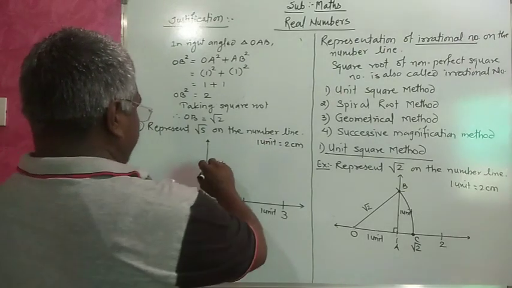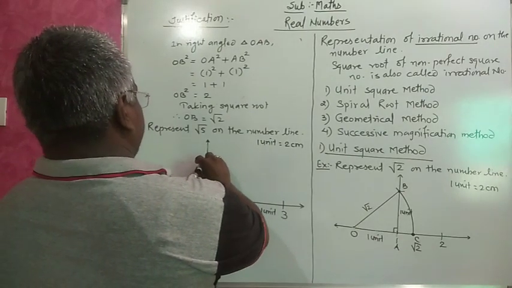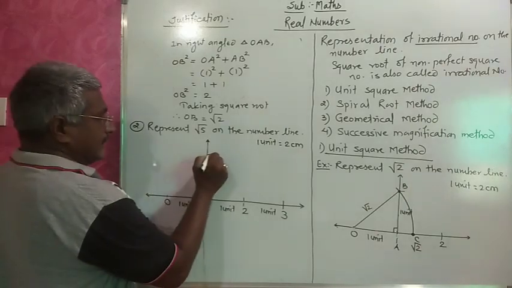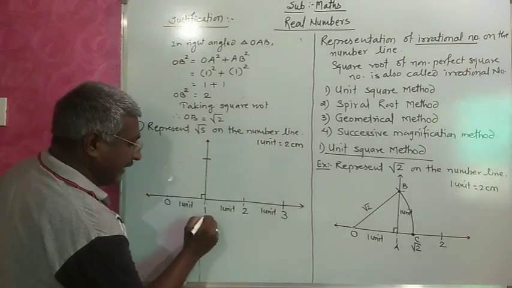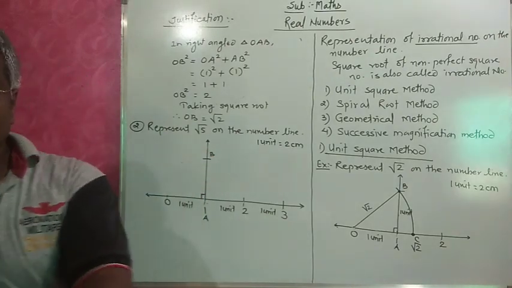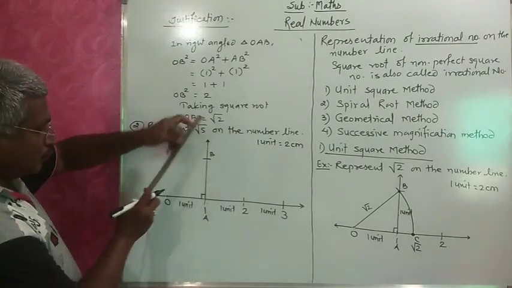See, 1 unit. I marked here. So I gave the name here. Suppose it is A. This one B. So now what has to be done? Join OB.